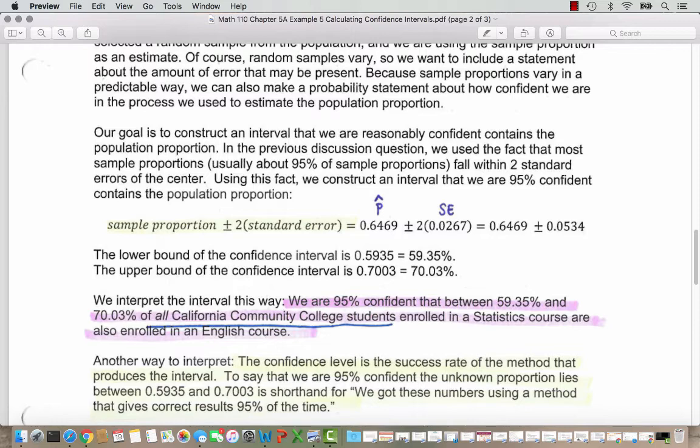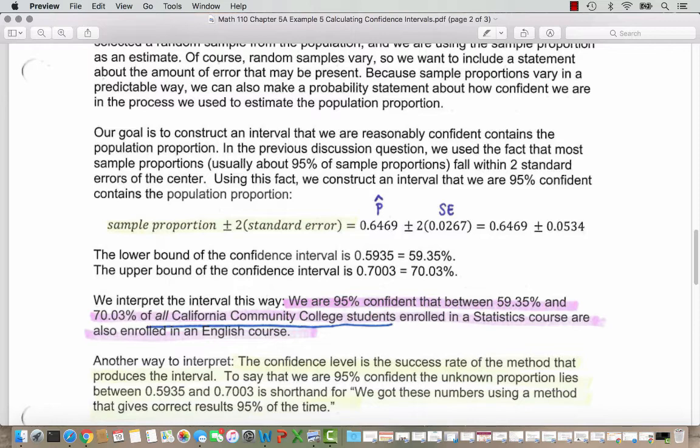So we subtract to find the lower bound, and we add to find the upper bound. StatCrunch calls this lower limit and upper limit. I use those terms bound and limit interchangeably. It does not matter if you call it a lower bound or lower limit. Same idea. So the lower bound of the confidence interval is 0.5935 or 59.35%. And the upper bound of the confidence interval is 0.7003 or 70.03%.